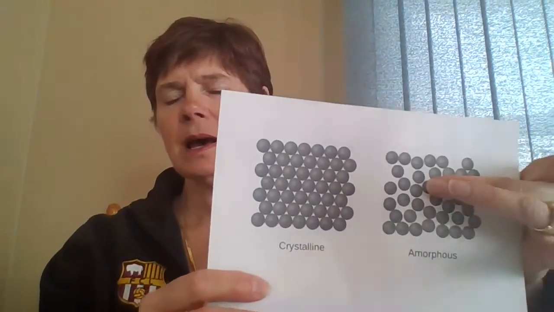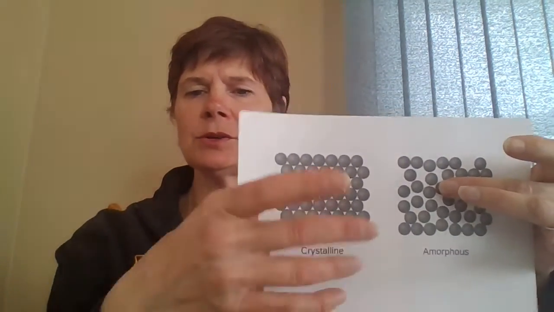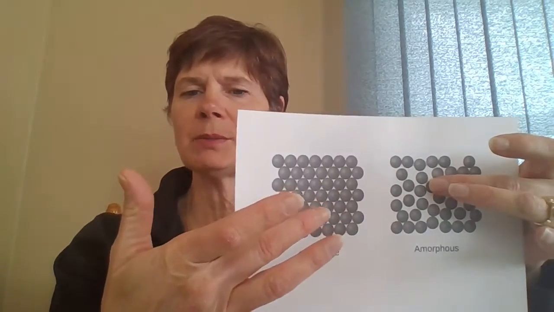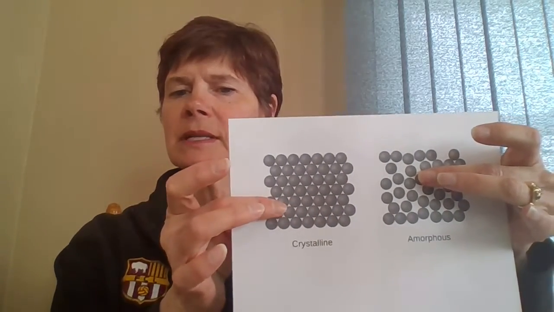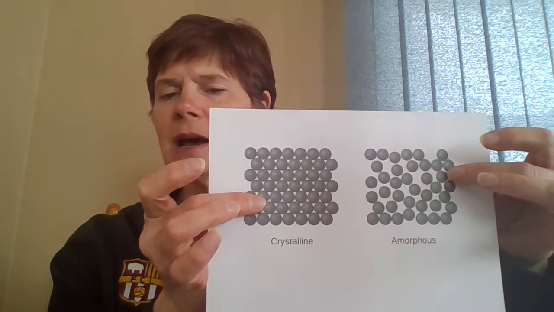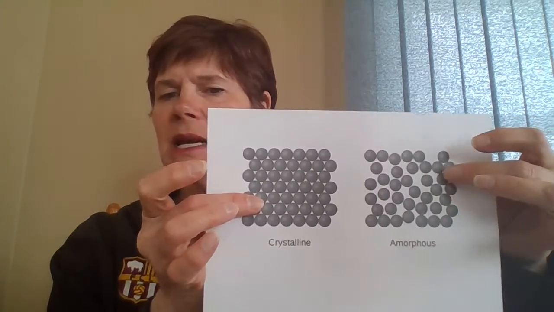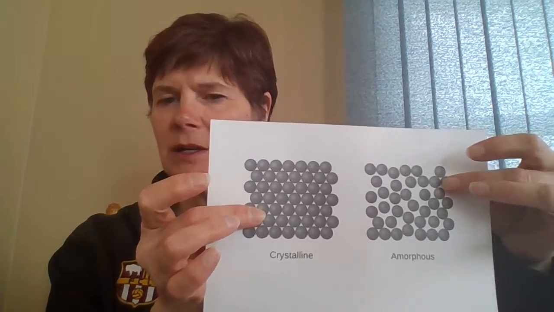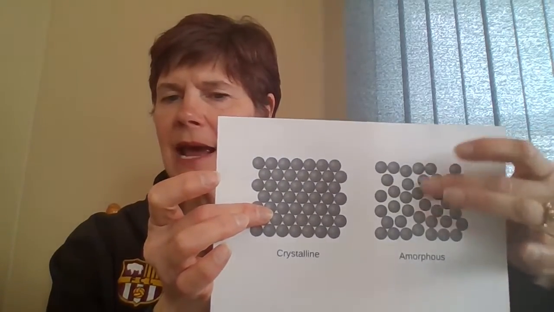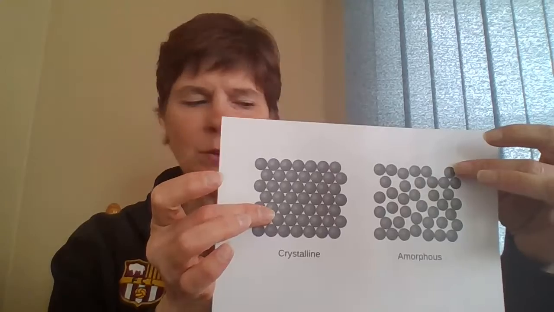So, for example, if this is compared to this regular crystal repeating pattern, this is a crystalline solid, the amorphous particle diagram you can see is going to be much less regular. So it doesn't have that same repeating geometric array.